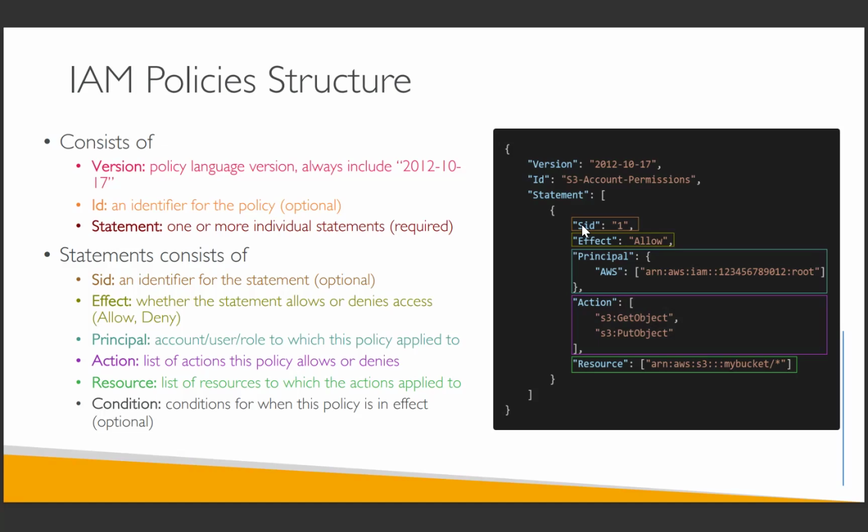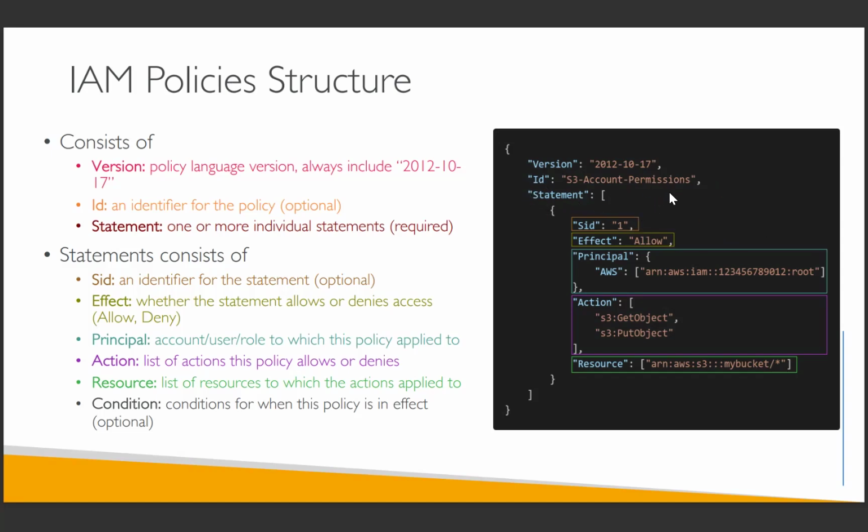It can have either allow permission or deny permission. Let's discuss the elements of this IAM policy one by one. So this is version. Version just tells the version of the policy language. ID is also a metadata kind of thing.